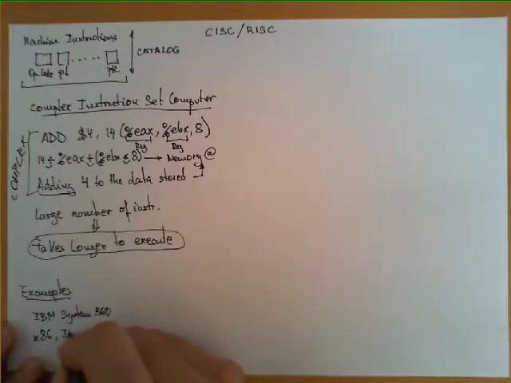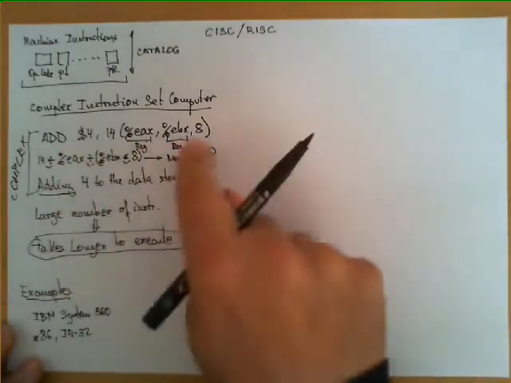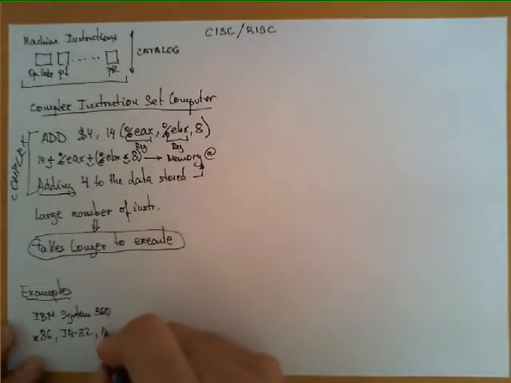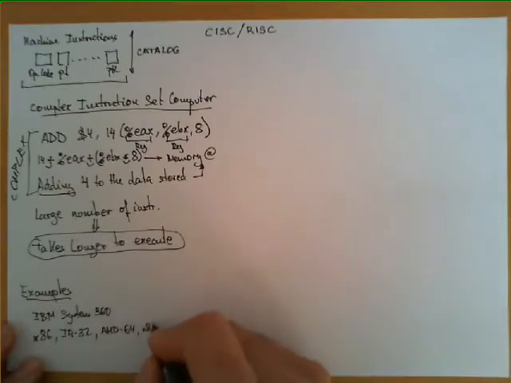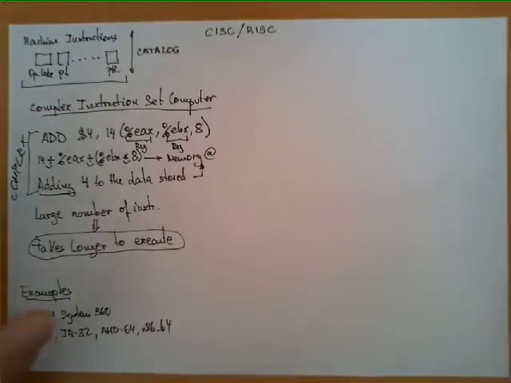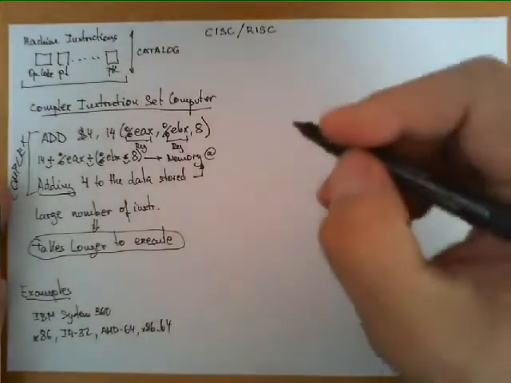Then it evolved into another architecture called IA32, which is where this example is taken from, and this architecture evolved into something else called AMD64 or x86-64 or some other names. These are just some examples to show that these microprocessors are being used today.